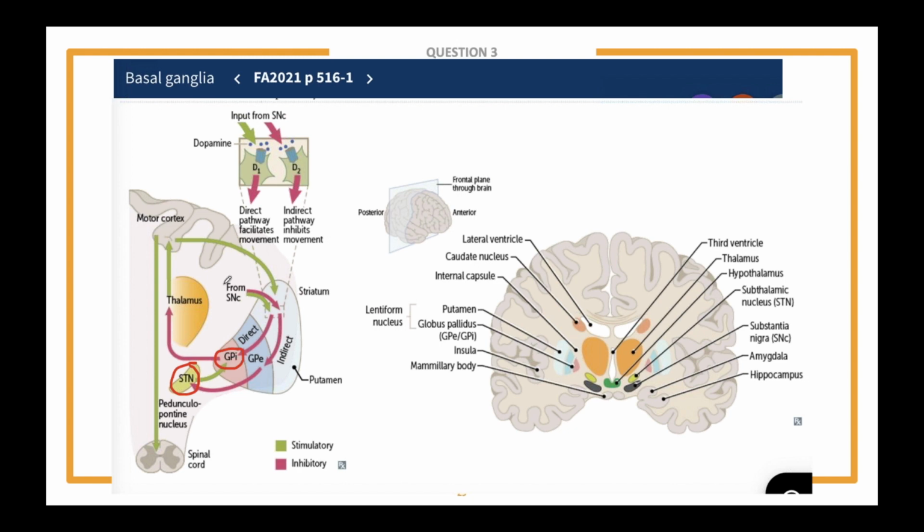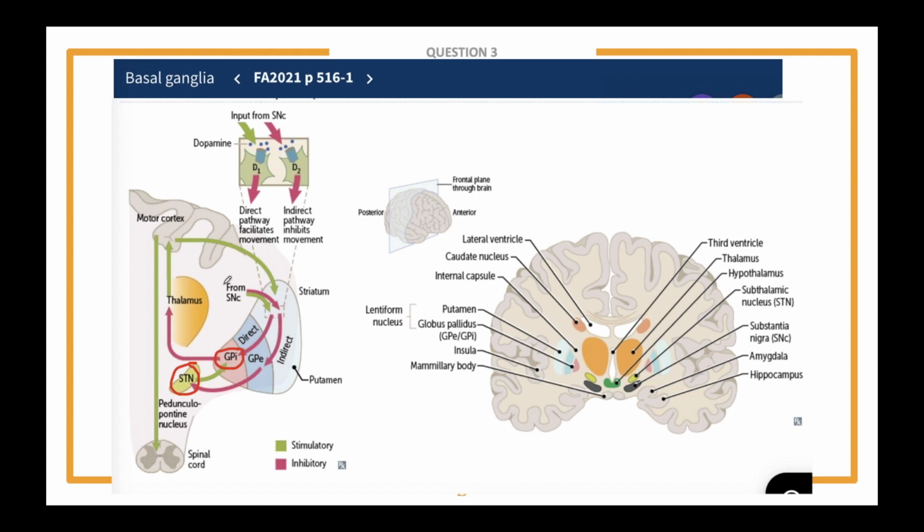So you can see how if you had a stroke in the subthalamic nucleus, you would lose that excitation or activation of the GPi, and thus you would lose the GPi's inhibitory effect on the thalamus. And now the thalamus is free to do all this excitation of the motor cortex, and that's how you get this wild flailing of the contralateral side of your body, and that's called hemiballismus, okay?